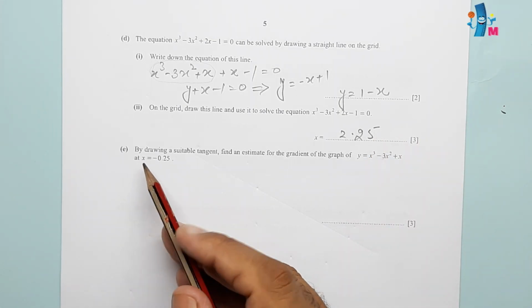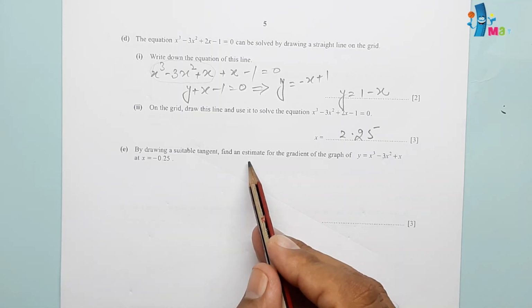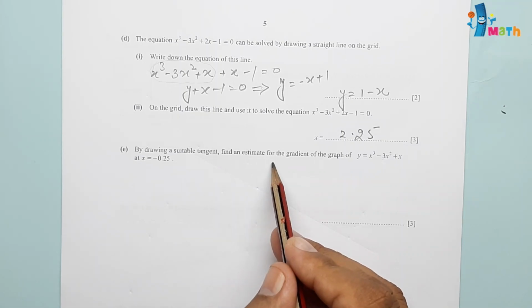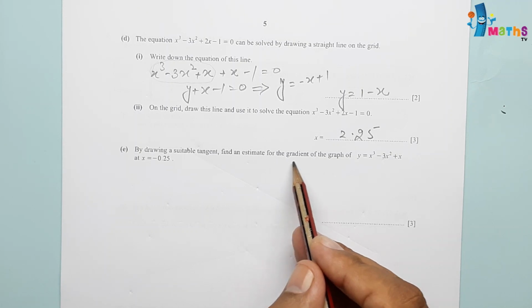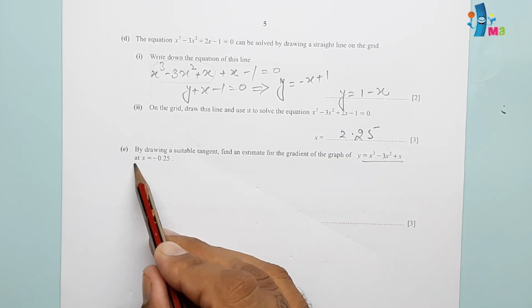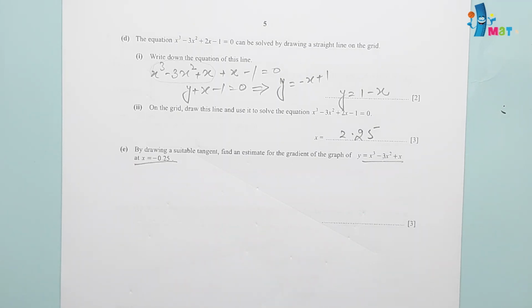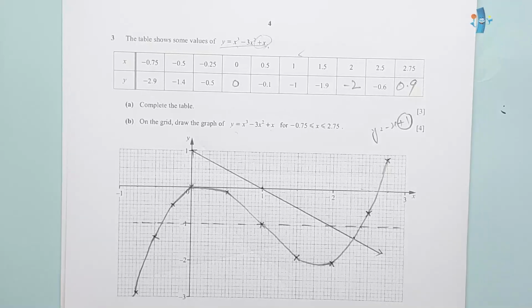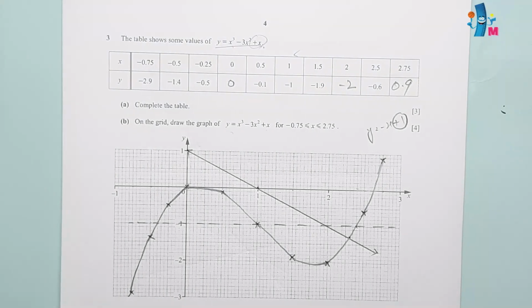Then E part: by drawing a suitable tangent, find an estimate for the gradient of the graph y is equal to this at minus 0.25. So at minus 0.25 we have to find the gradient.